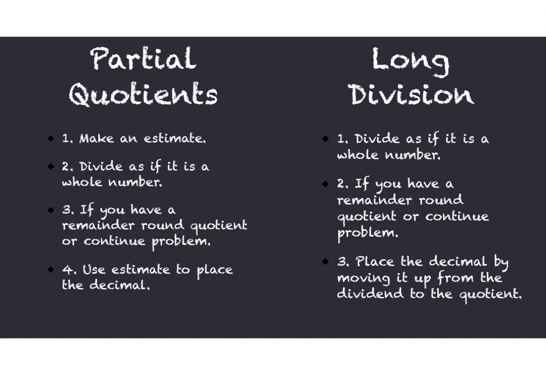If you have a remainder, round the quotient, and then use your estimate to place your decimal. If we're dividing using long division, we're going to divide just like we were dividing a whole number. If we have a remainder, let's go ahead and round our quotient. And then finally, just place the decimal in the quotient. Move the decimal from the dividend up to the quotient.